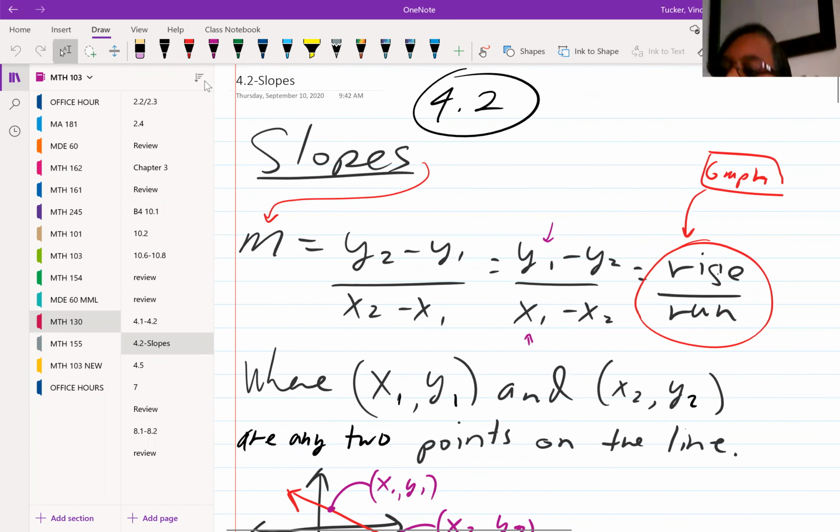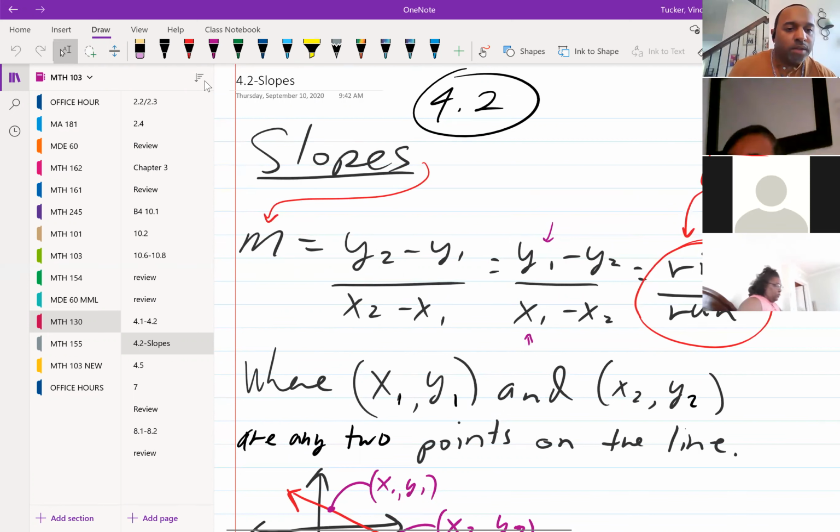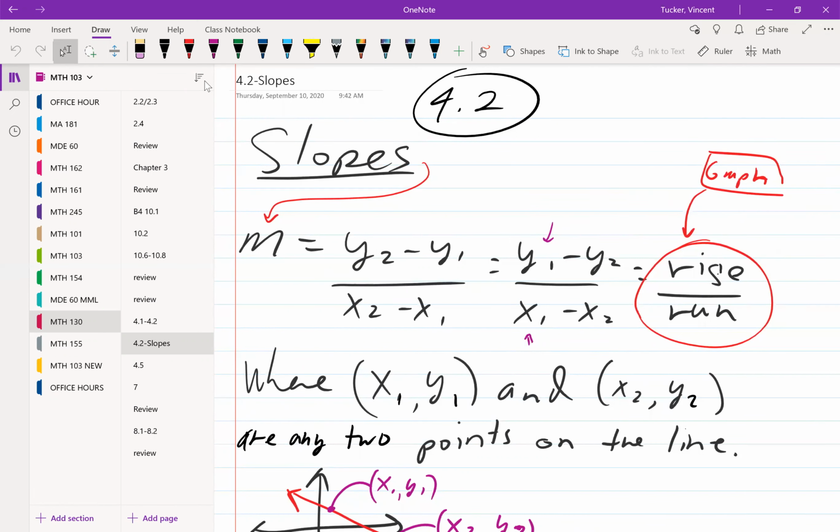Is everybody in? Let's see. A couple of people still have audio connecting, so let's give them a few more seconds.